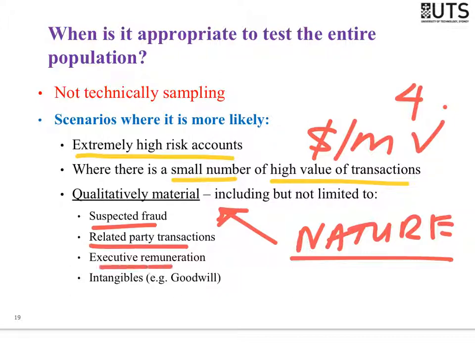We look at the remuneration of executives and we also look at intangibles. Why? Because there's a great deal of judgment involved with intangibles, particularly goodwill, and brands and things like that. So in these particular areas, because of the nature of the account, we often do take the whole population and test it to gain that comfort, okay? But we do try to take samples where we can because, again, it's efficient.